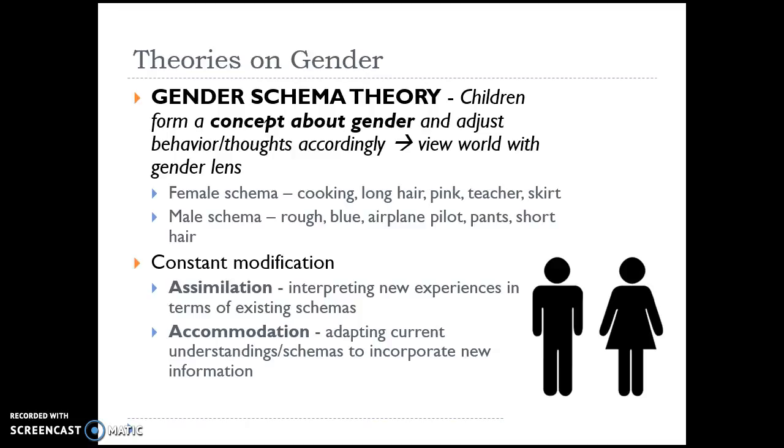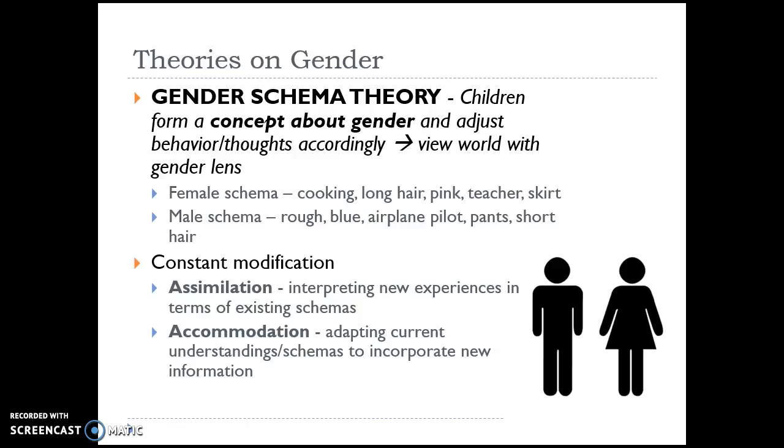That's assimilation. Accommodation is when you actually have to change your schemas based on your life experiences. You might have to add exceptions or make exclusions for certain things in your schemas. So an example would be the first time that a child sees a male with long hair. And the child looks to their parent and says, what a funny looking lady. That's because their female schema has told them that females have long hair, not males.